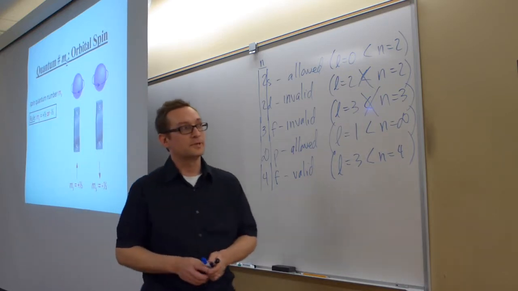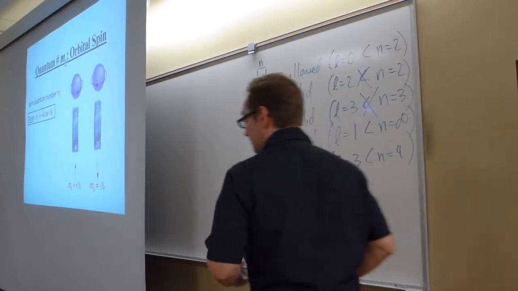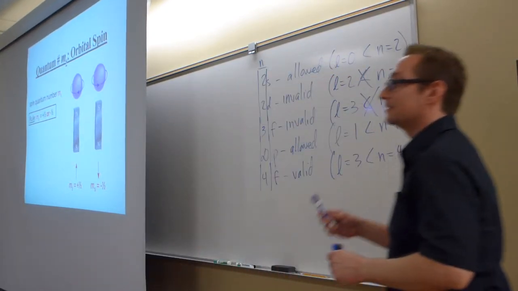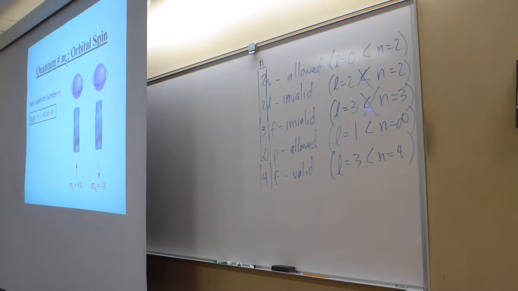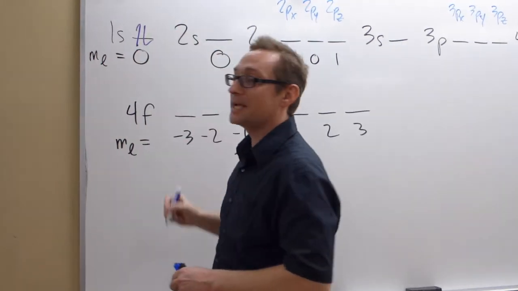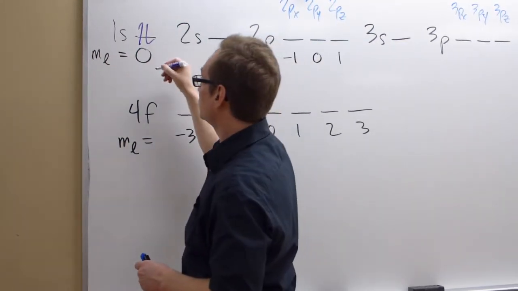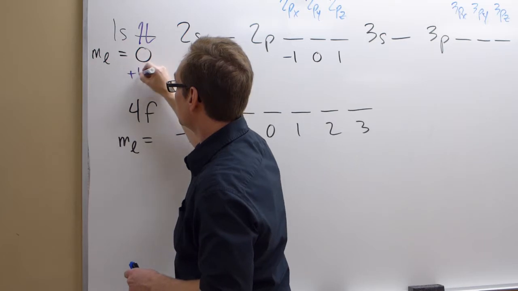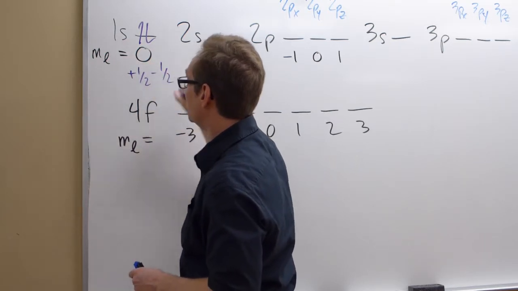And so you might remember from your Chem 107 that when you fill in this diagram, you get arrows. Remember? So for a 1s, I can do spin up or spin down. And so this would represent plus 1/2 and negative 1/2.